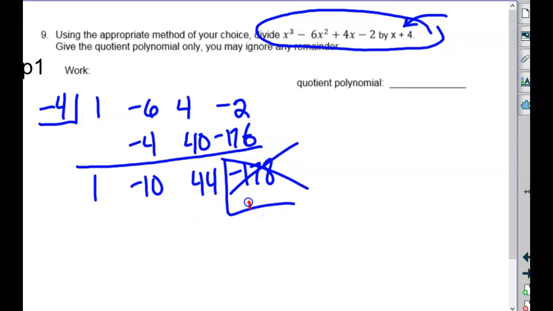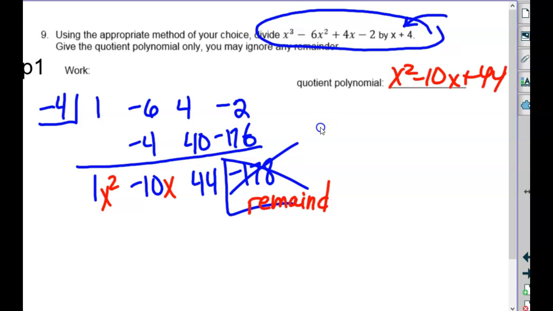So this is the remainder. Then this one is a constant. This one gets an x, and this one gets an x squared. So we have x squared minus 10x plus 44. Everybody feeling okay about that one? Anything we do that you're like, give me another example, I can certainly do that.